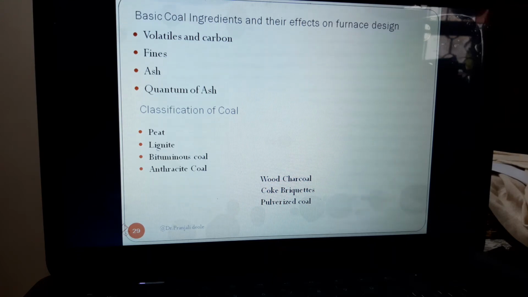Then quantum of ash. Another important constituent is the quantum of ash. The ash content interferes with the combustion of coal and reduces the temperature of the combustion zone. Higher ash content slows burning.